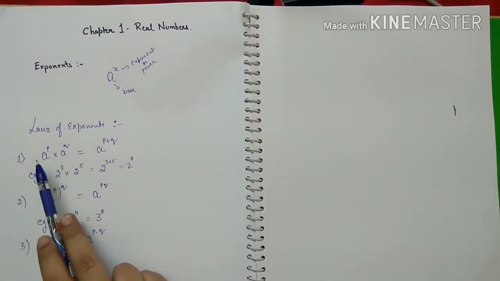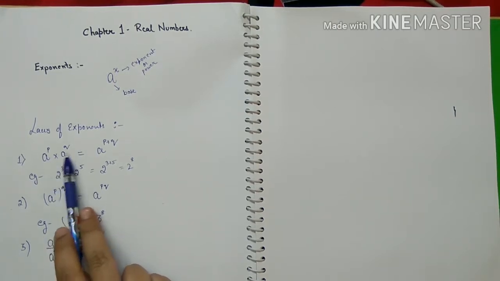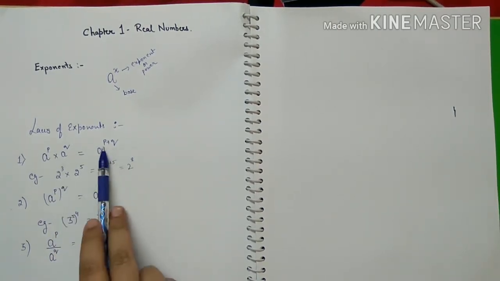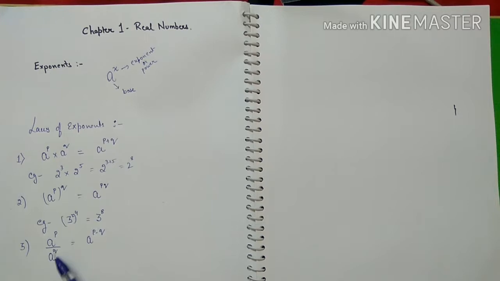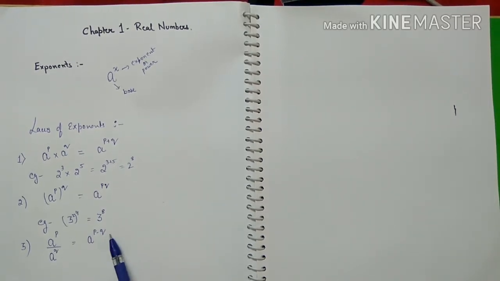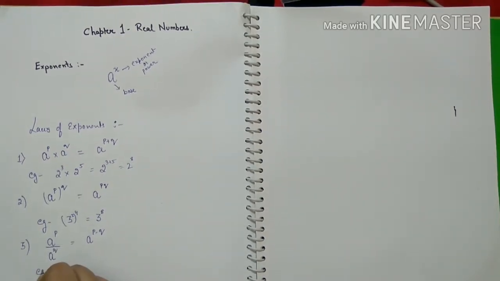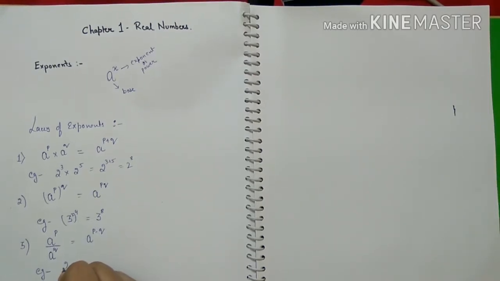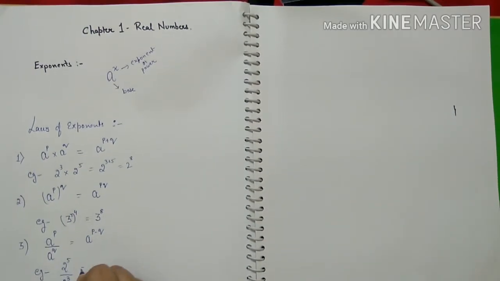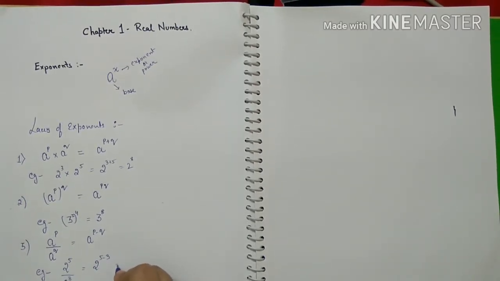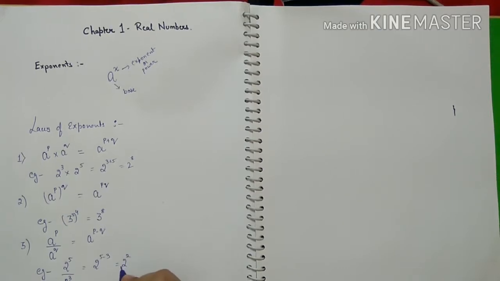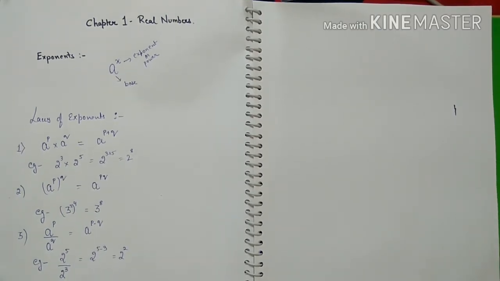If we are multiplying two same bases with different powers, the powers get added up, and if it is getting divided, then the powers get subtracted. So for example, 2 raised to power 5 upon 2 raised to power 3 can be written as 2 raised to power 5 minus 3, which is equal to 2 raised to power 2. So we have the three laws of exponent.